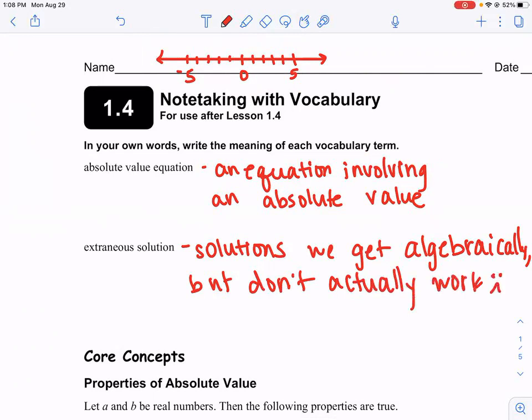So algebraically, I solve for an answer, but when I put it back in, it doesn't make sense. So it's extraneous. Really, you need to check your answers. And if your answers aren't working, there's no solution. We have extraneous. I will explain to you the only time you will get extraneous solutions.